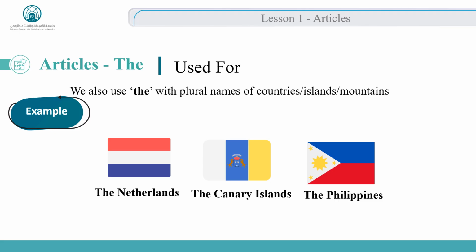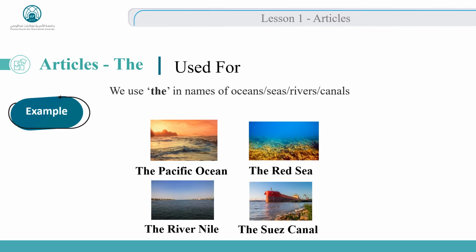Example, the Netherlands, the Canary Islands, the Philippines. We use the in the names of oceans, seas, rivers, and canals. Examples, the Pacific Ocean, the Red Sea, the River Nile, the Suez Canal.